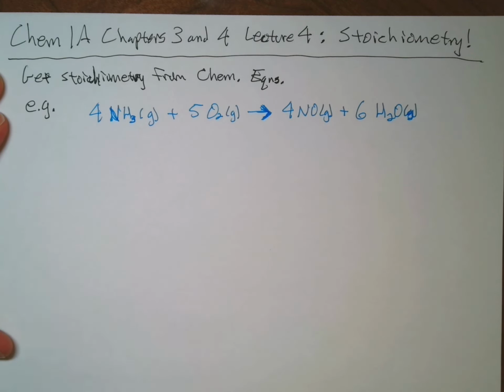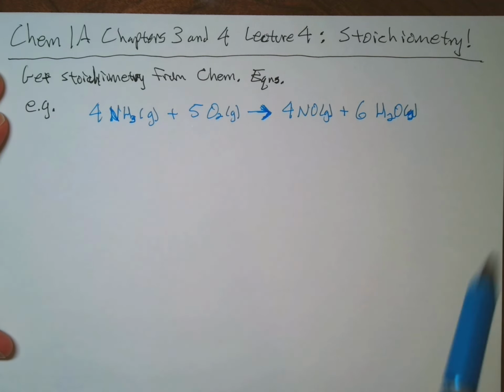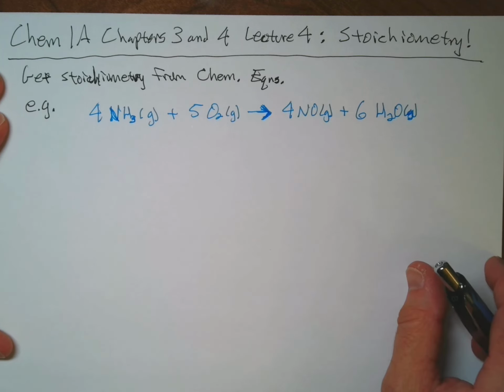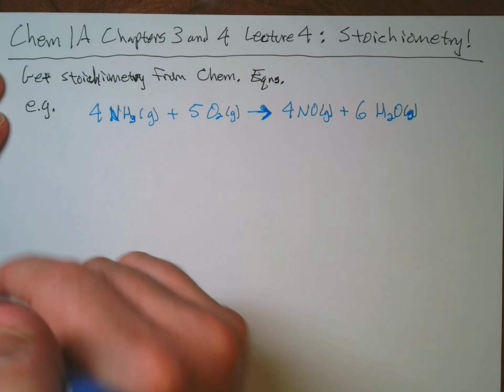So stoichiometry is these coefficients. So it's the relative number of moles of reactants and products involved in a chemical equation.